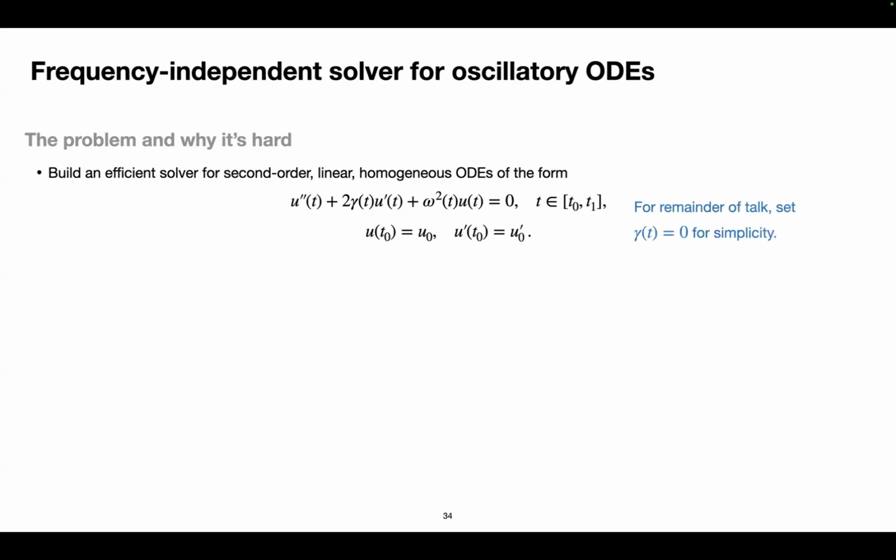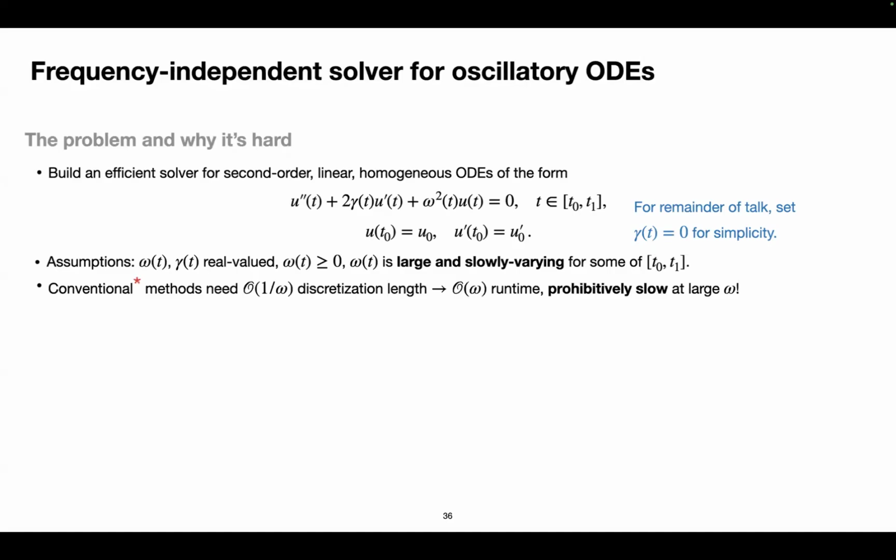I'm going to neglect gamma for the rest of the talk for simplicity. And I'm going to assume that these are real valued functions, the frequency is positive, and that it is large and smooth for at least some of the solution interval.